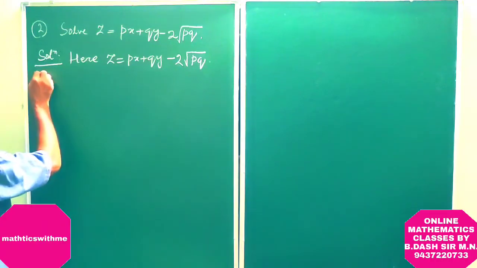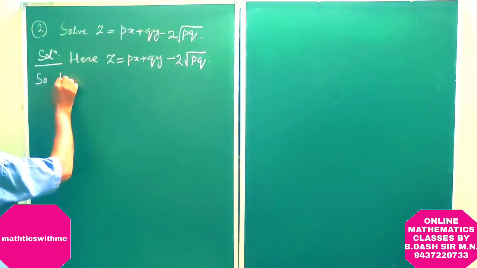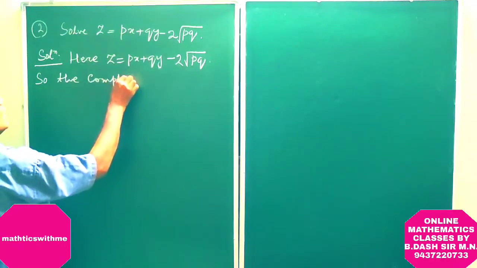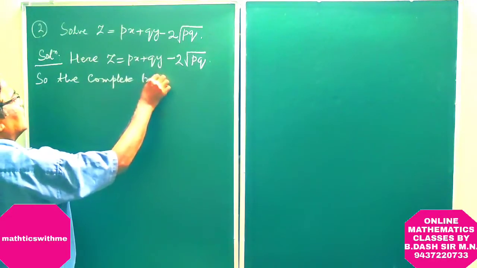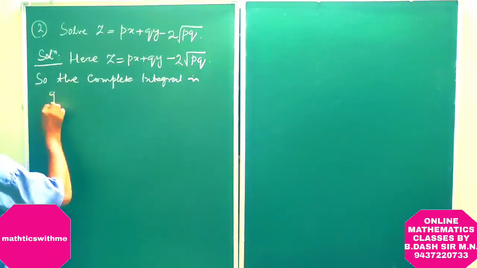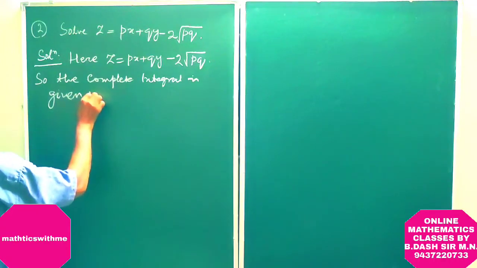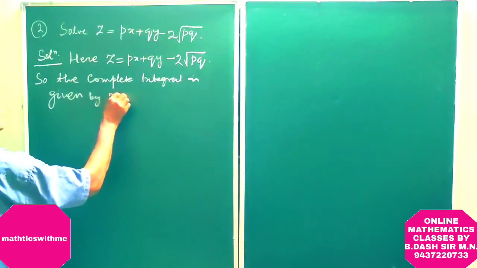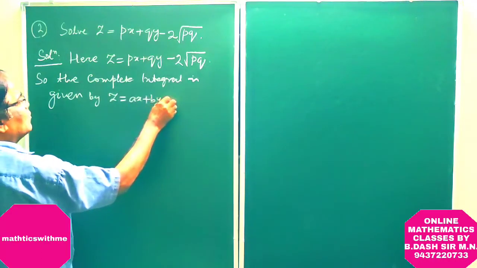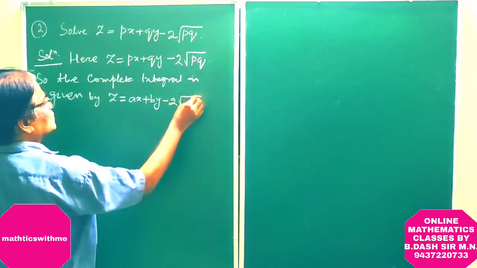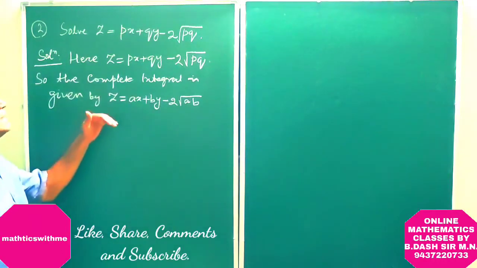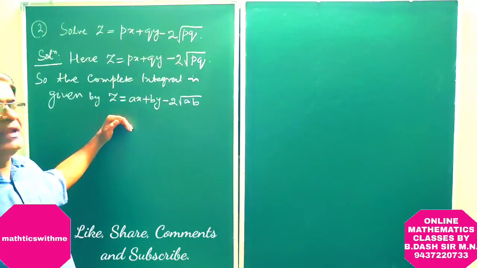So the complete integral is given by z is equal to ax plus by minus 2 root over of ab. So we have replaced p by a, q by b.